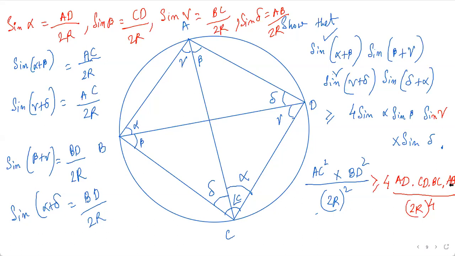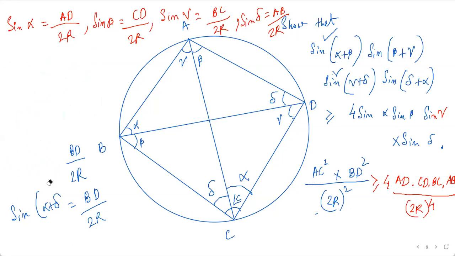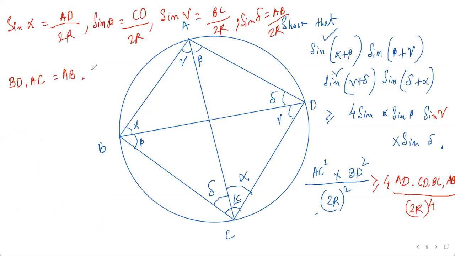Now how do I prove it? Now you see that we can apply the Ptolemy theorem. So I have a cyclic quadrilateral, so in the Ptolemy theorem I'll have the equality. Ptolemy theorem will give me BD times AC is equal to AB times CD plus BC times AD.